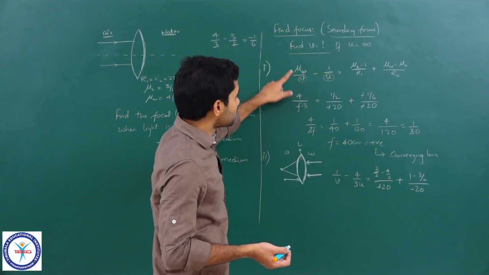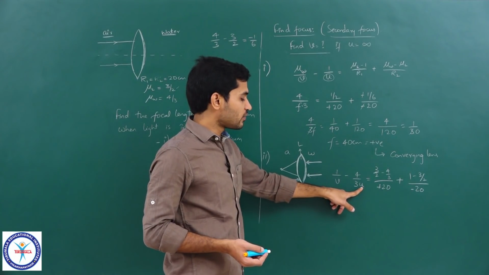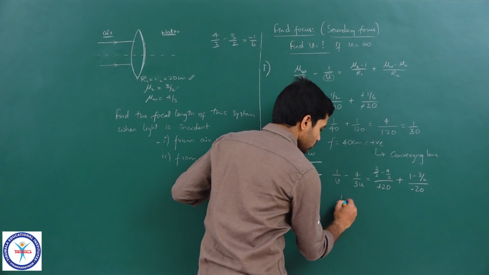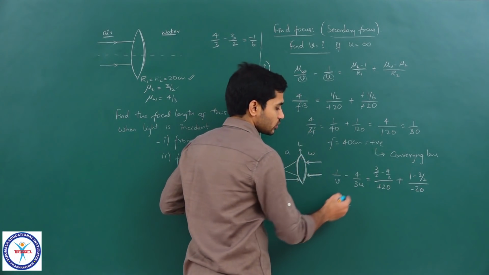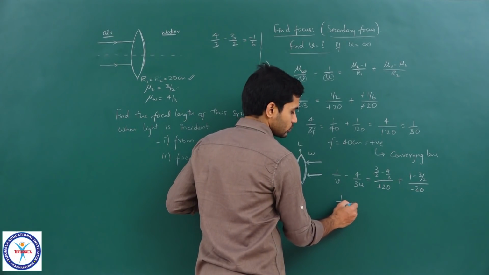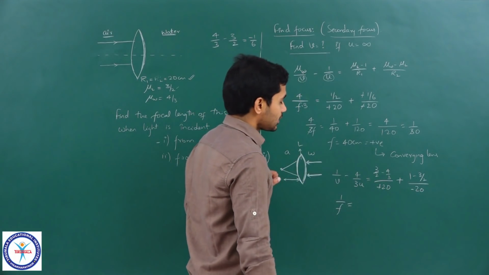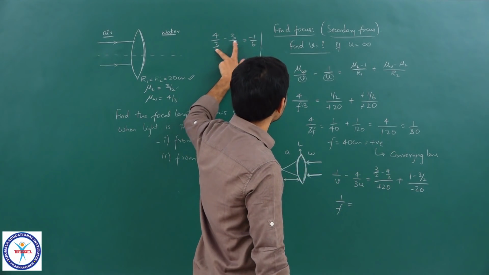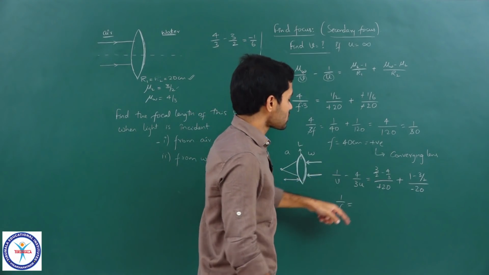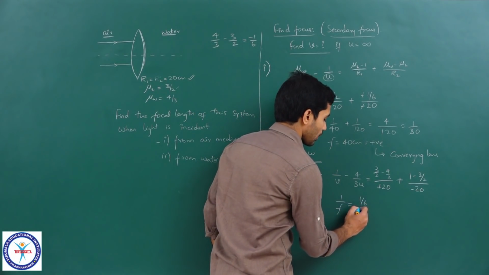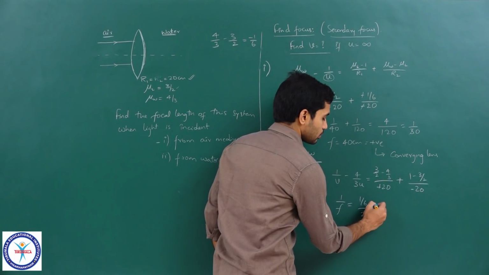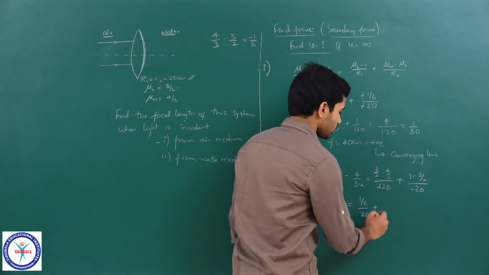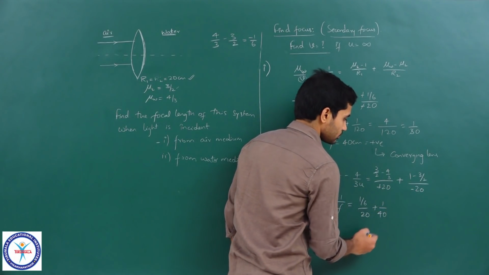Now if I substitute the definition of focus, make U infinity and the value of V will be the focal length. So 1 by F is equal to, this becomes 0, right. So is equal to, what is this, 3 by 2 minus 4 by 3. We already found the reverse of that as minus 1 by 6. So this becomes plus 1 by 6 by 20, plus, what is this, minus 1 by 2 by minus 20, which gives us 1 by 40.